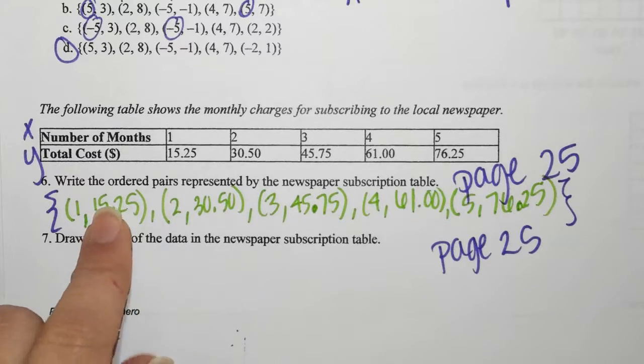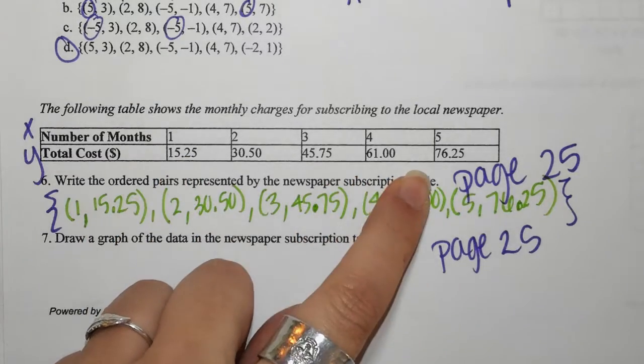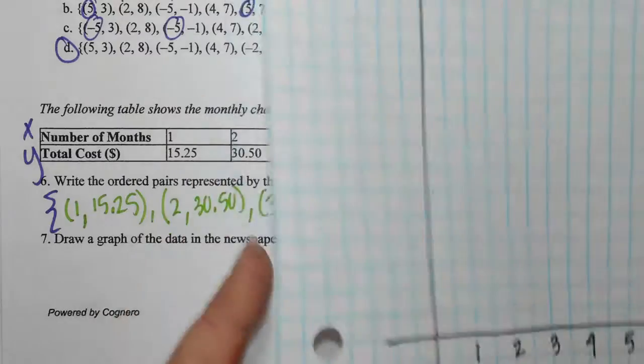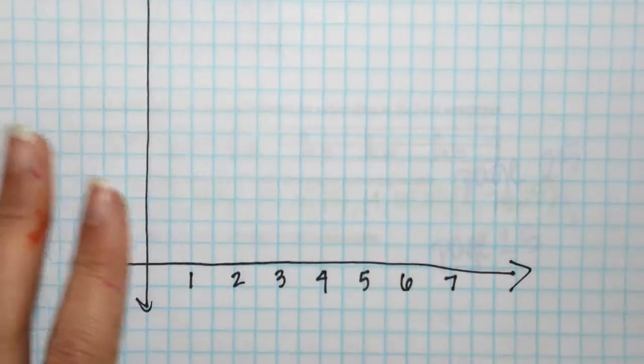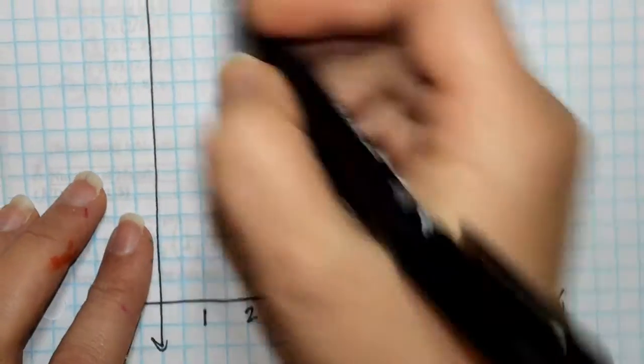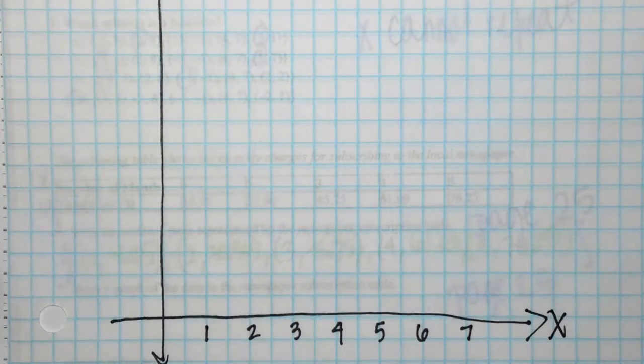Alright, so we are going by money, right? Okay, so I did my x-axis like this. And I'm going to zoom out just a little bit so we can see.